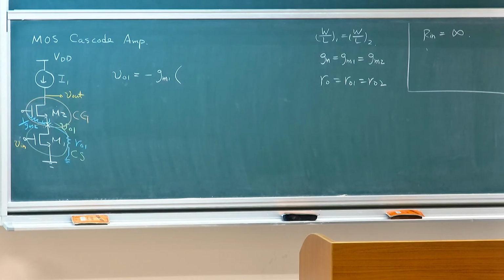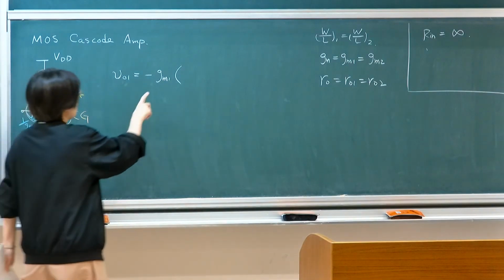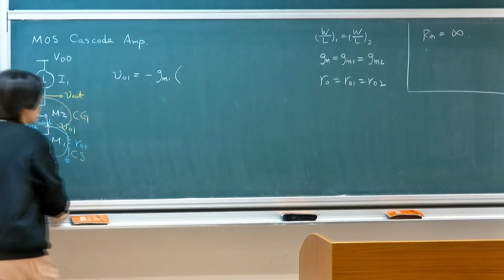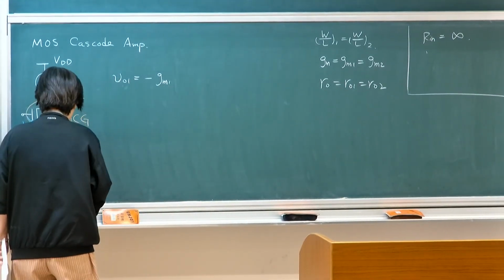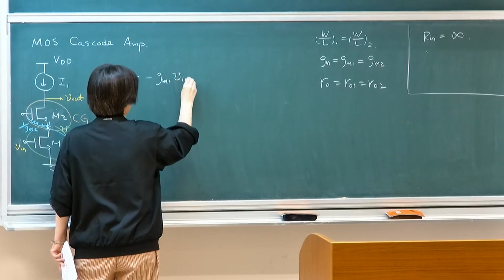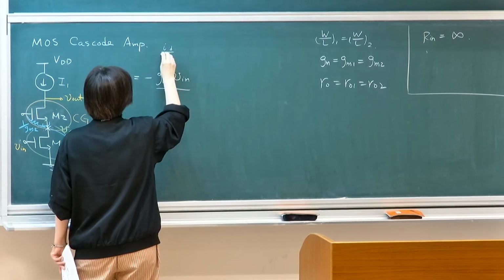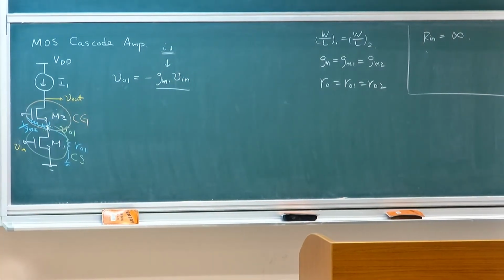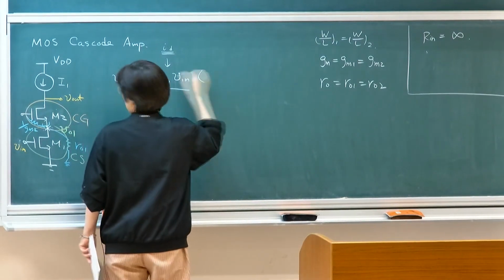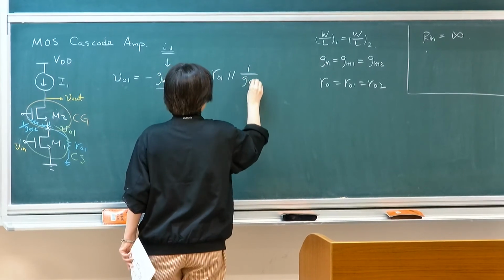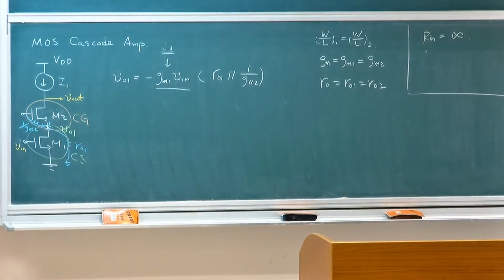So the output voltage is transconductance times the modulated current, GM1 Vin, that's delta ID, times its resistance. Its resistance is RO1 in parallel with 1 over GM2. So looking down is RO1, looking up is 1 over GM2.